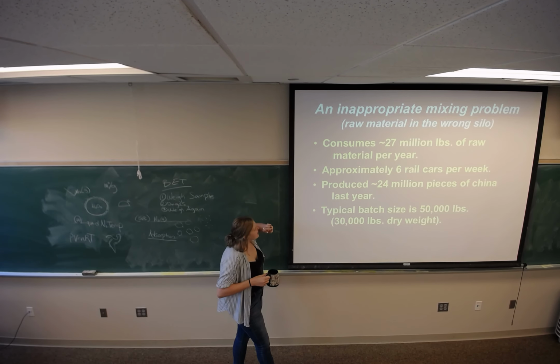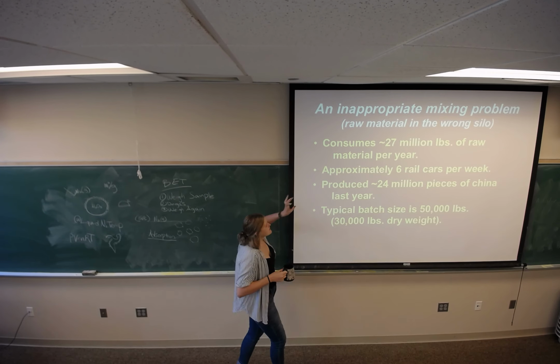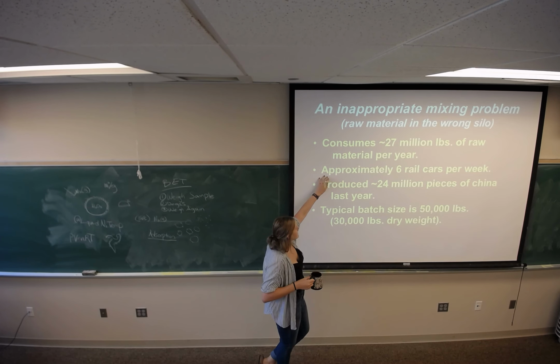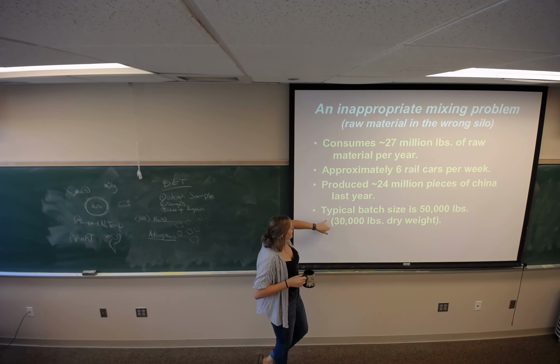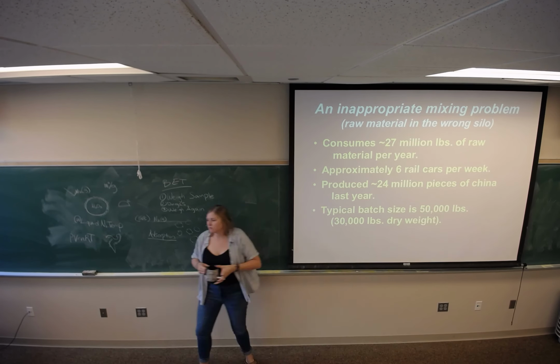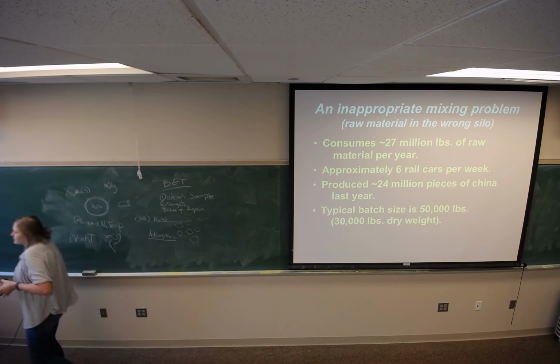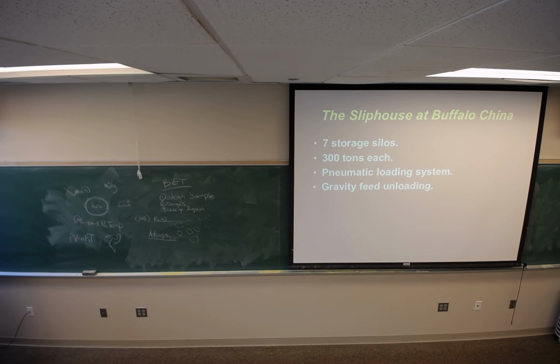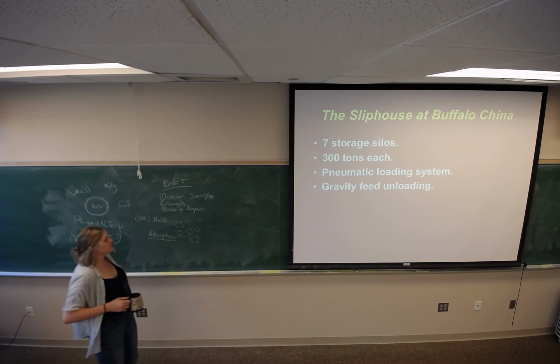This is made in Buffalo, China. They're bringing in about 6 rail cars of material per week, which is a ton of material, and their batch size is ginormous. So I think the key point he wanted to talk about is how we use powder characterization to fix problems at a really large scale.